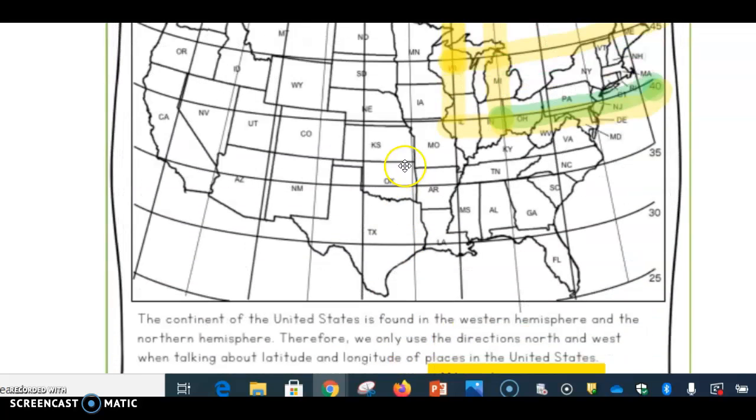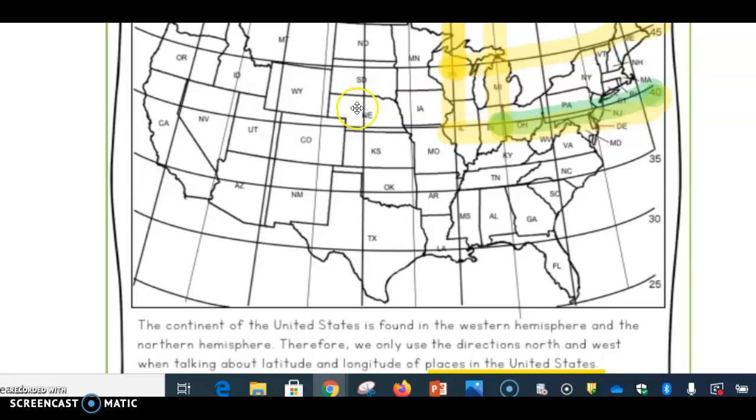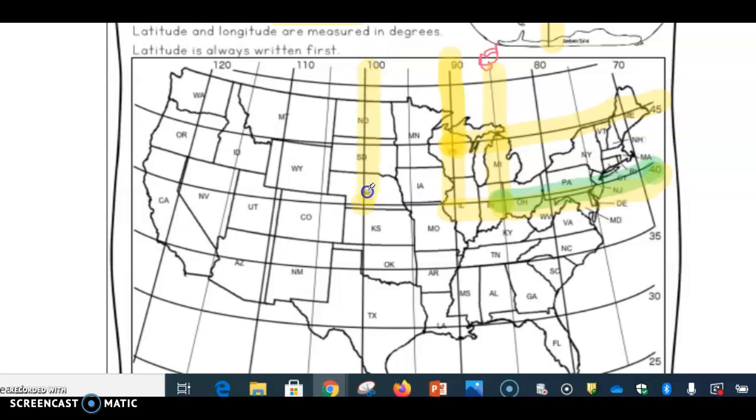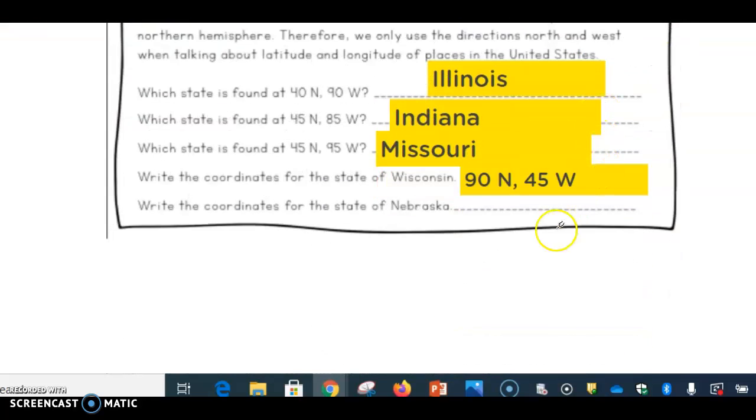And finally, Nebraska. Nebraska is right here. And Nebraska is 100 degrees west and 40 degrees north. Sorry, 100 degrees north and 40 degrees. Oh, I did have it the right way. I mixed up these other ones, sorry.